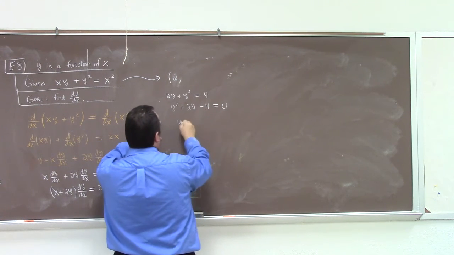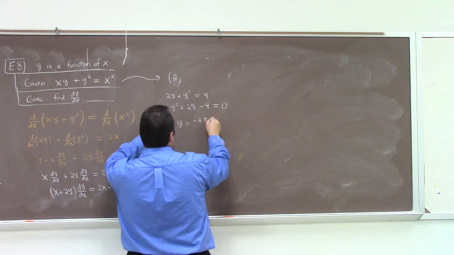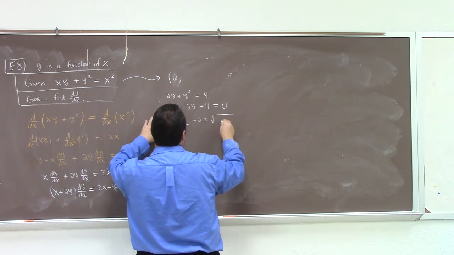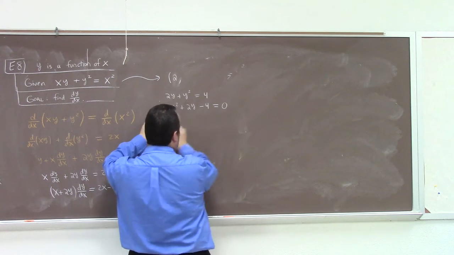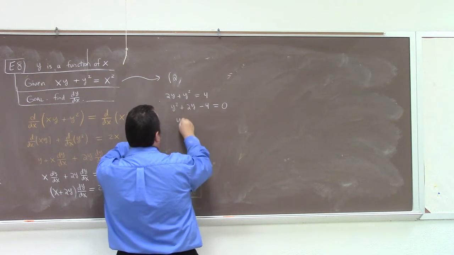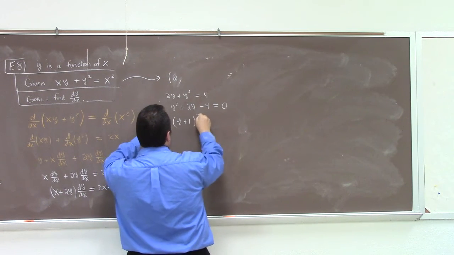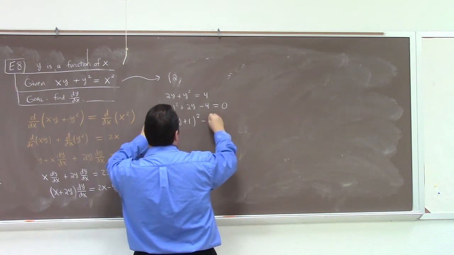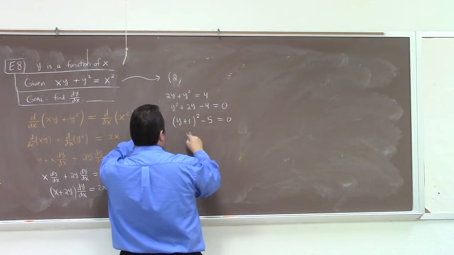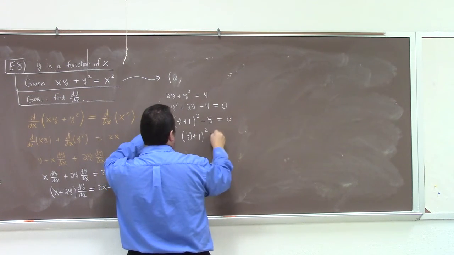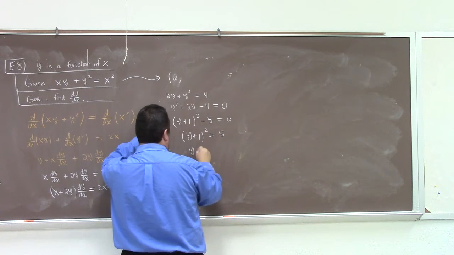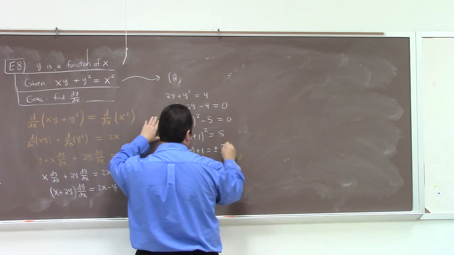So we could use y is equal to minus 2 plus or minus the square root of, oh, why am I doing it that way? This is y plus 1 squared, right? Minus 5. So y plus 1 squared equals 5. So y plus 1 is plus or minus root 5.